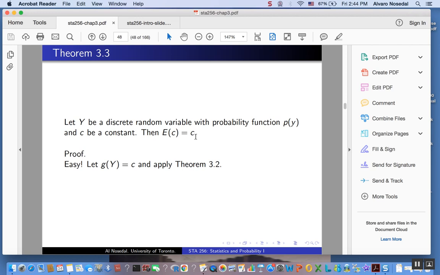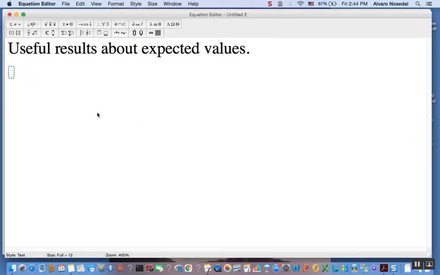Let's show that. Okay, theorem 3.3. First result. Theorem 3.3.